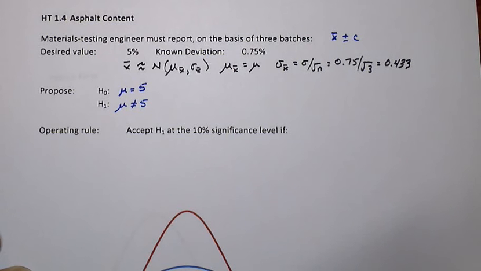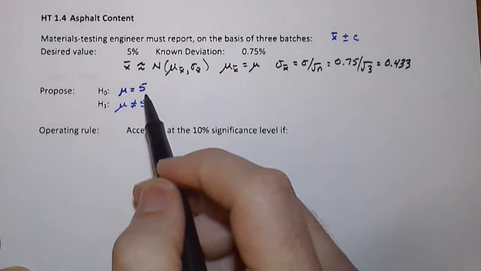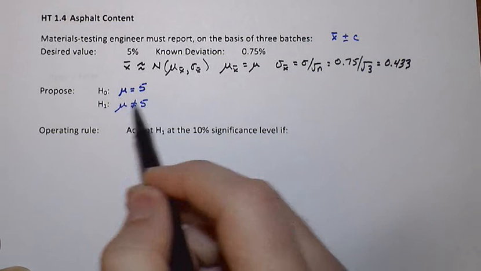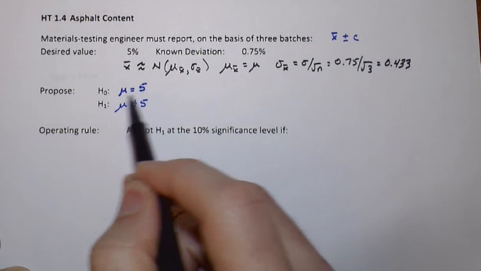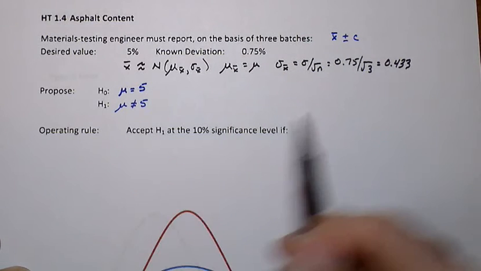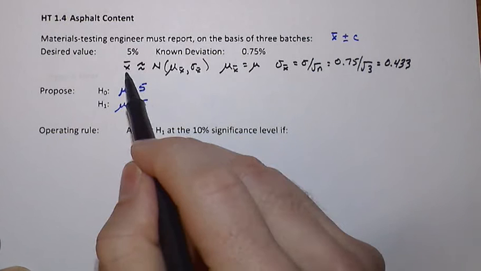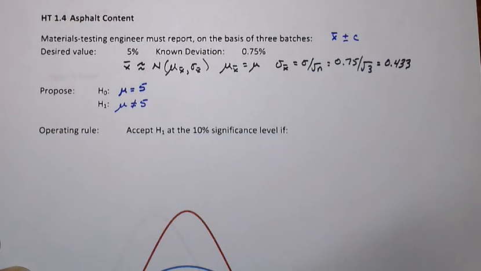Okay, so this is what we want to test, whether or not our true mean is really 5, based upon our 3 batches that we're going to take a look at.